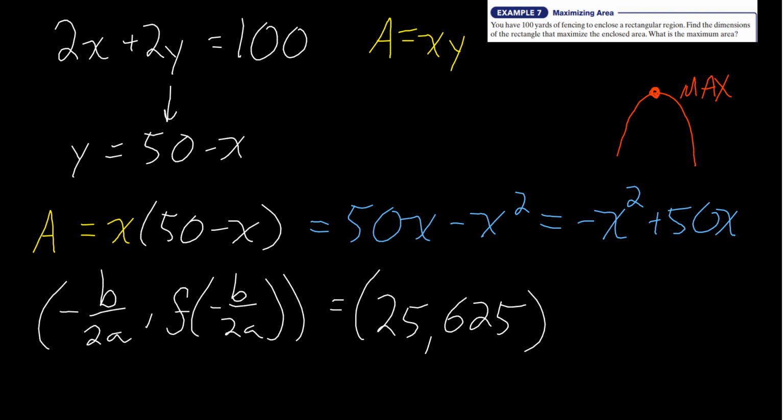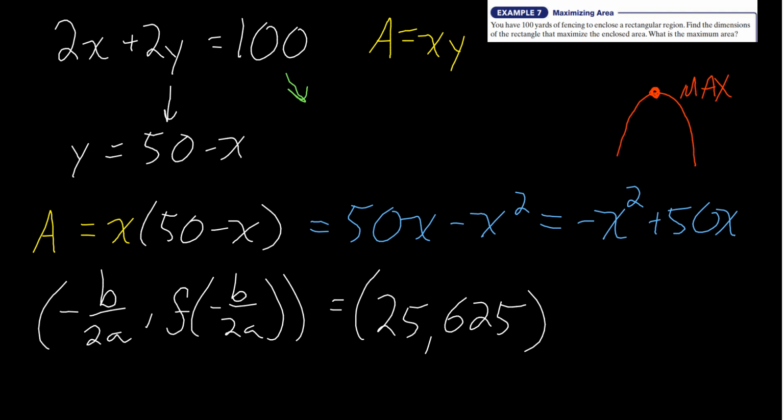Instead, we're trying to figure out what my dimensions would need to be. Well, if x is equal to 25, then plugging that 25 into this equation, 2 times 25 is 50. Let's put it in green, down here.